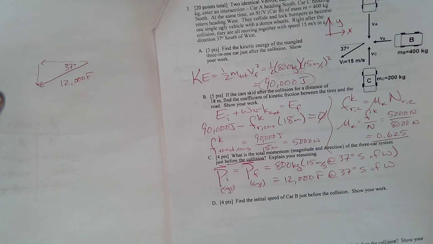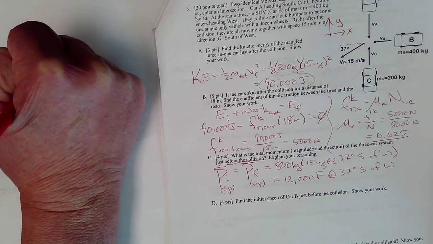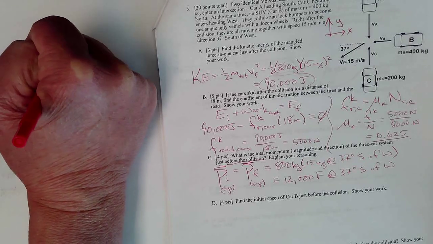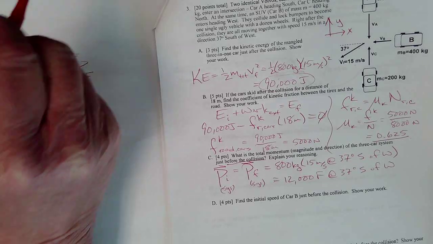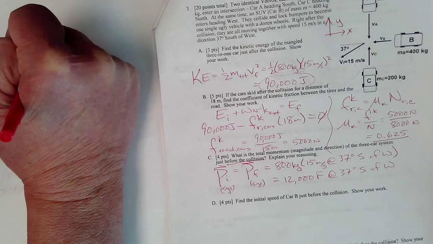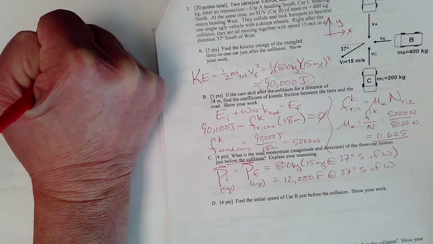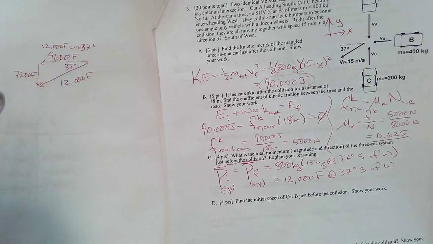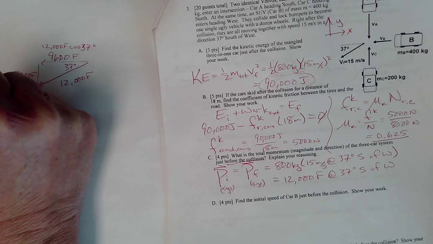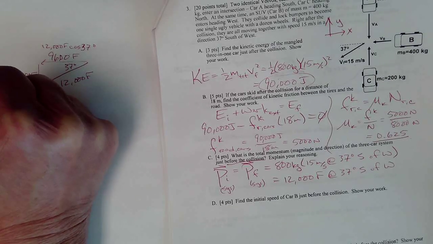Okay, and so what I can find then is that this x part is going to be 9,600 kg·m/s, and the y part is going to be 7,200 kg·m/s. This is just going to be 12,000 kg·m/s times the cosine of 37 degrees. And this is going to be 12,000 kg·m/s times the sine of 37 degrees. Okay?